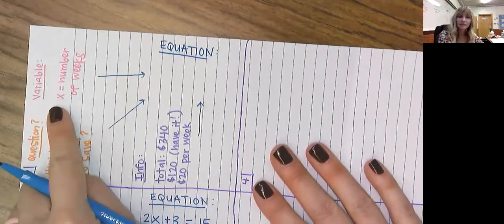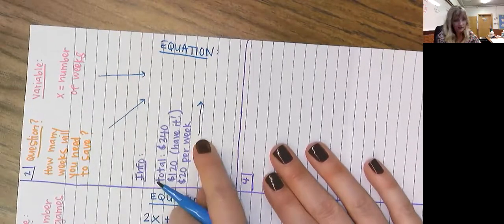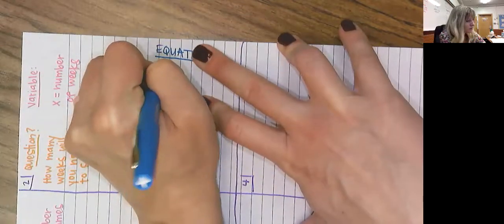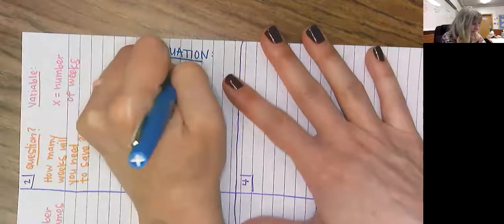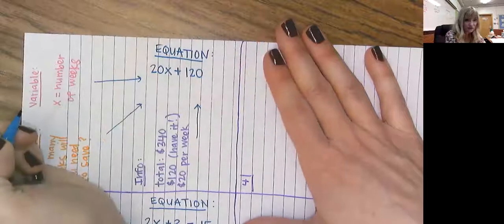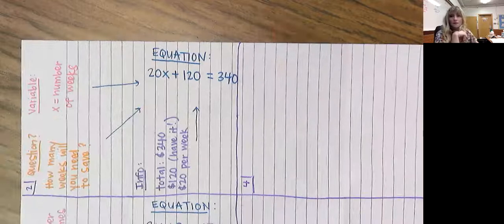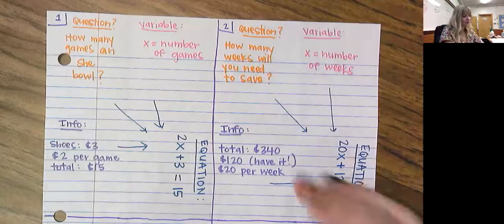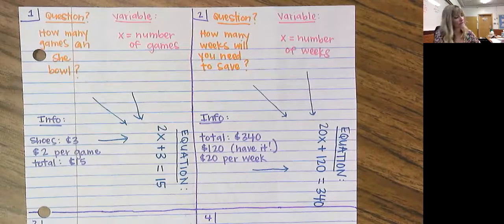If my variable is number of weeks, and one of these values is per week, if it's $20 per week and X is number of weeks, then I'm going to write 20X. $20 per week plus the $120 I already have is equal to the total I need. Your goal today is just to gather all this important information from the story and bring it all together to write an equation. You don't have to do anything else with the equation, just get to the equation.